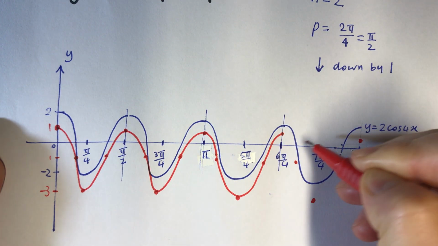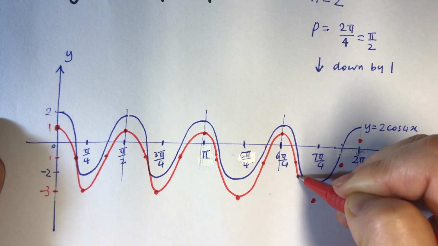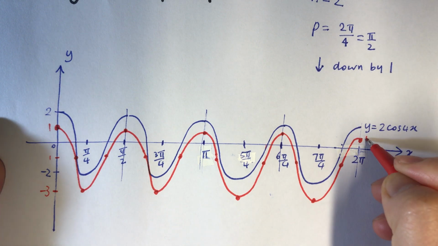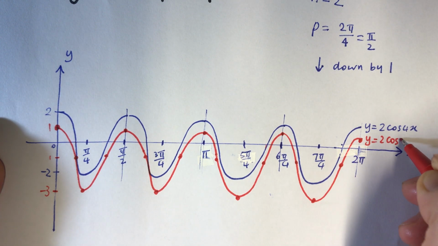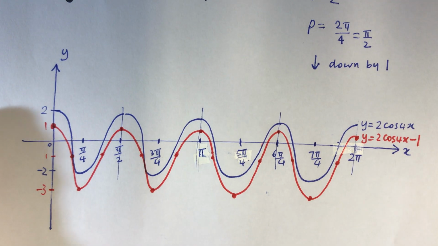But if you do it, this one, yeah, it looks all right to me. Okay, so that's my y equals 2 cos 4x minus 1. I know it doesn't look that nice, but you got the idea of what to do when it comes to the graphing.